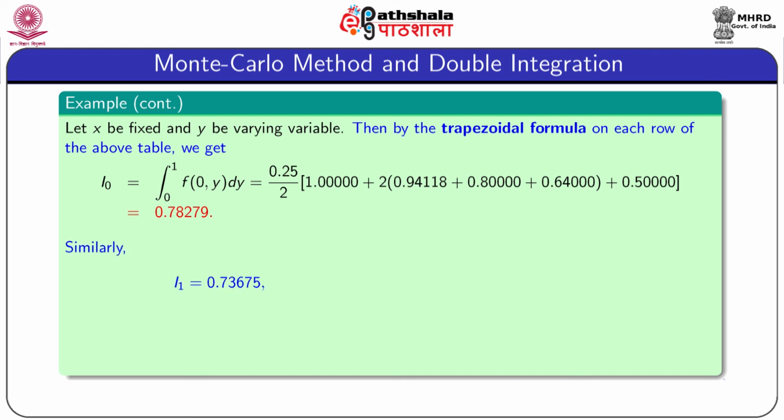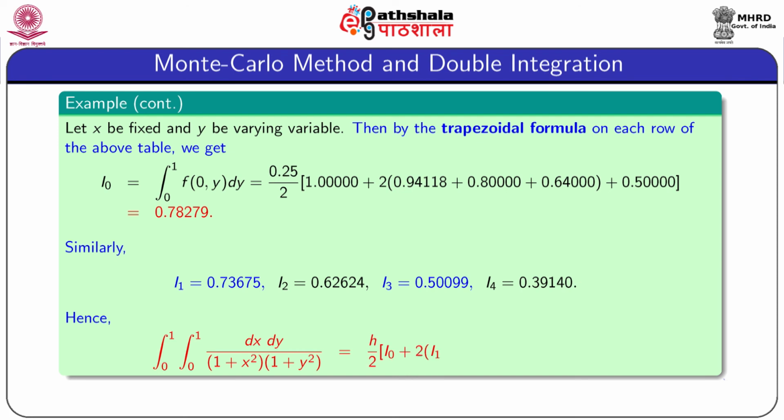Similarly, I1 equal to this value, I2 equal to this one, I3 is this, I4 equal to 0.39140. So, using these values, that means using the trapezoidal formula, we get the value of the double integration, and it is h by 2 into I0 plus 2 into I1 plus I2 plus I3 plus I4. After simplification, this value is 0.61277. So, this is the value obtained by the trapezoidal formula for the given integral.